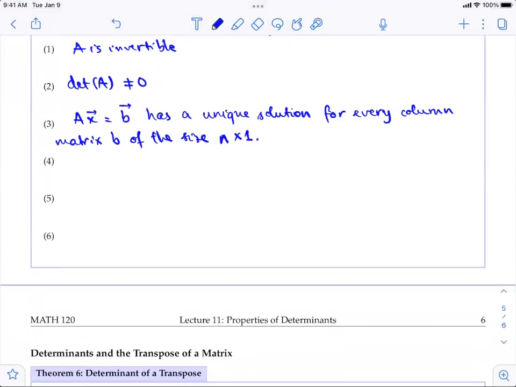This is also equivalent to the statement that the homogeneous system has only the trivial solution.